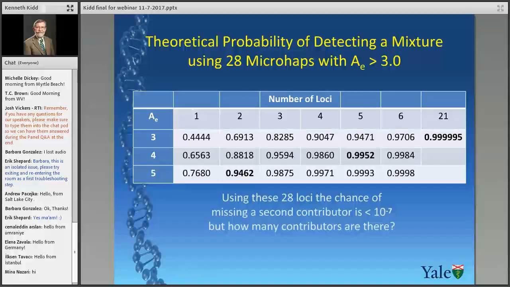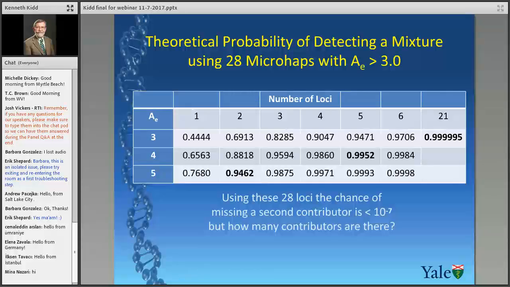In our original 130, we did a theoretical number. We had 28 with the effective number of alleles worldwide greater than 3, and the probability of not seeing a third allele was the product for 21 that were at 3, 5 at 4, 2 at 5 effective alleles.